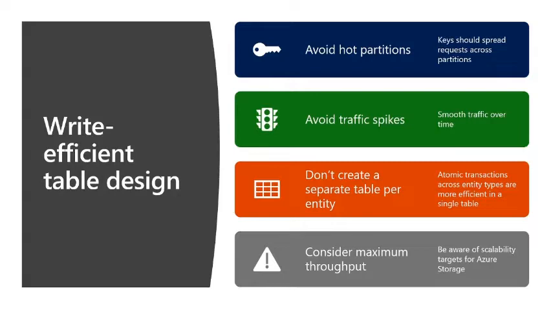When you require atomic transactions across entity types, you can store these multiple entity types in the same partition in the same table. Consider the maximum throughput that you must achieve. You must be aware of the scalability targets for the table service and ensure that your design will not cause you to exceed them.